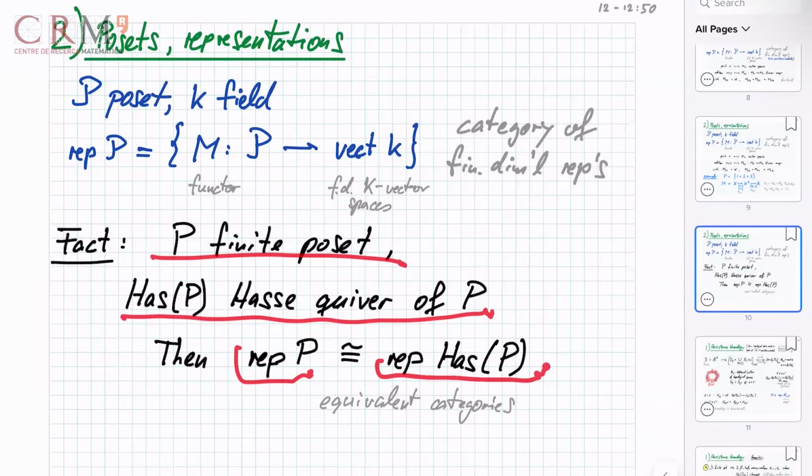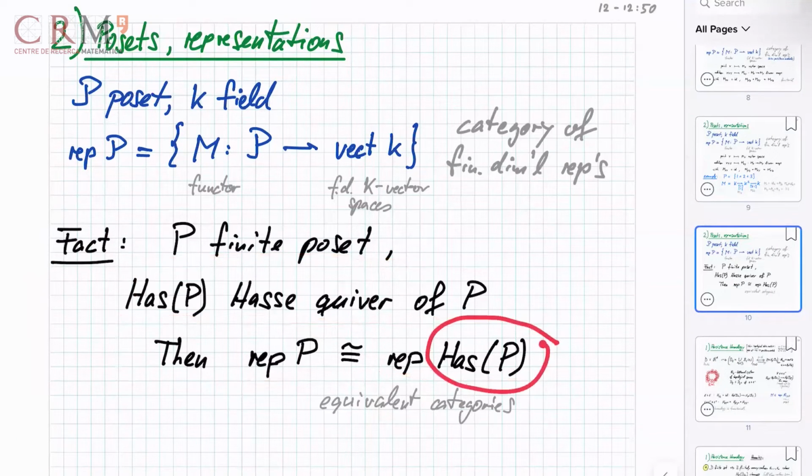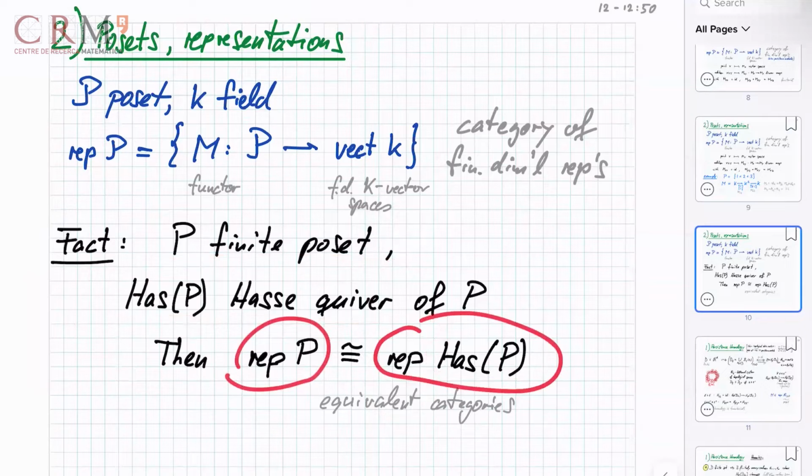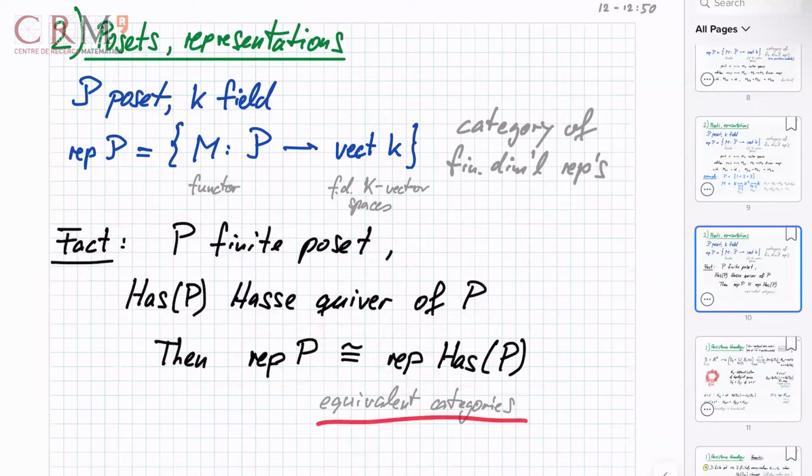As we just discussed, it is sufficient to have the data for the quiver; then you close it by transitivity, include all the compositions, and you get the thing on the left-hand side. So the category of representations of the poset and of the Hasse quiver of the poset are the same thing. These are equivalent categories. We can do either of the two.